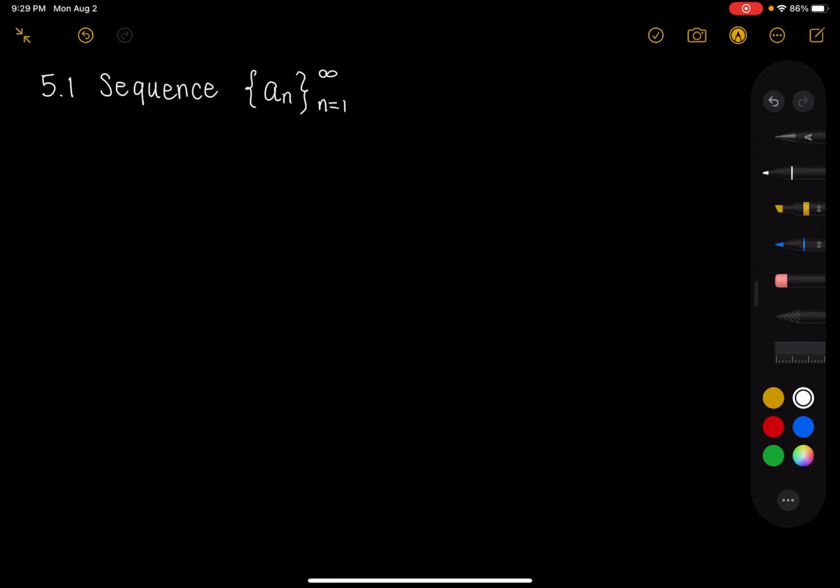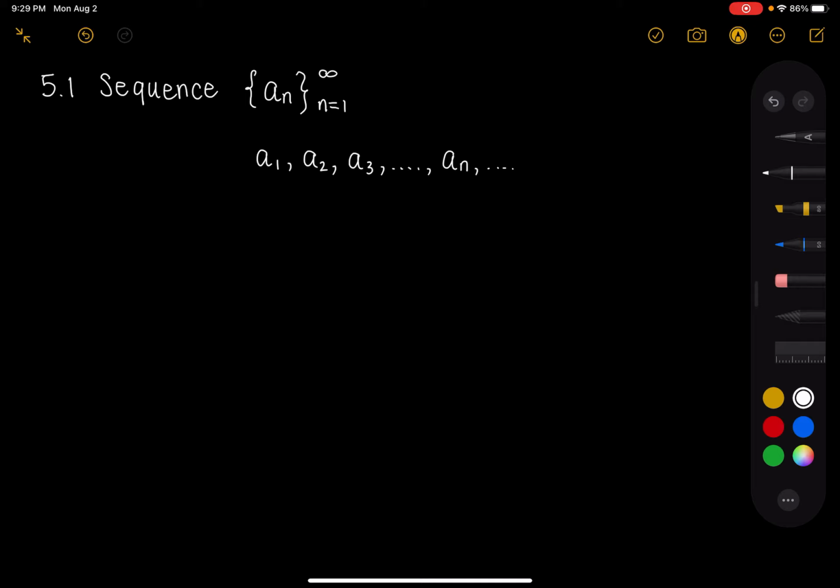It's the ordered list of numbers of the form a_1, a_2, a_3, and so on. And you might want to write a_n, which will give you a general formula if it's known or if there's a rule, and it continues.